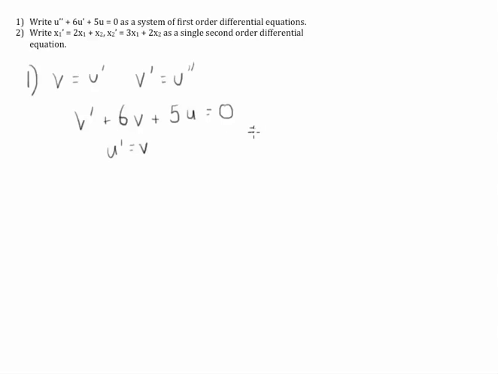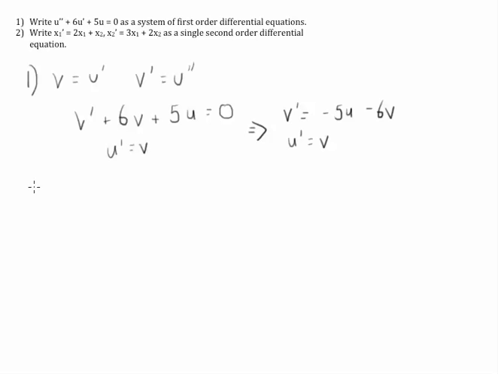So we can think of this as a system of two differential equations. v prime equals negative 5u minus 6v, and u prime equals v. So what we just did there is we took that second order differential equation in one variable and converted it into two first order equations using two variables.